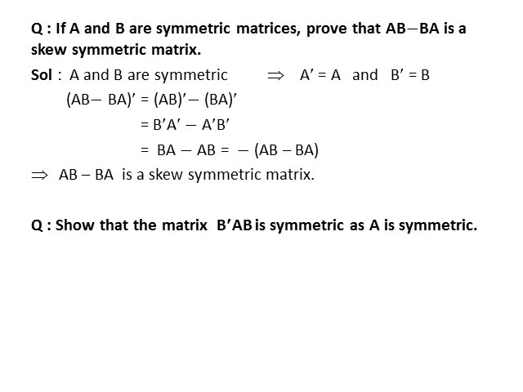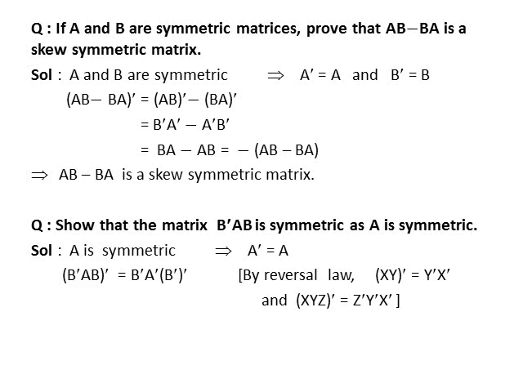Take one more question. Show that the product of B transpose A and B is symmetric, as A is symmetric. As A is symmetric, it means A transpose equals A. Now take the transpose of B transpose A B. By the reversal law, we write it as the product of B transpose, A transpose and the transpose of B transpose.